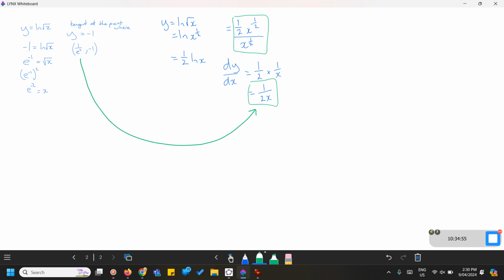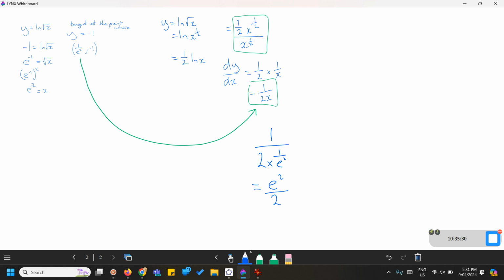So we have 1 divided by 2 times 1 over e squared. I've just swapped the x for 1 over e squared. We can tidy that up, and it ends up being e squared over 2. So that is our slope.